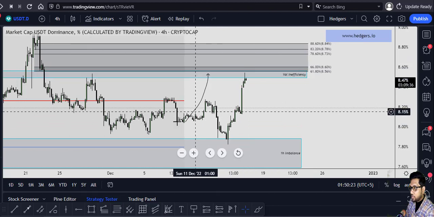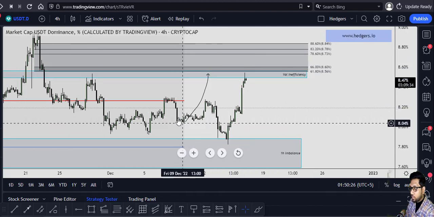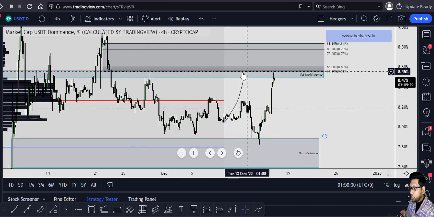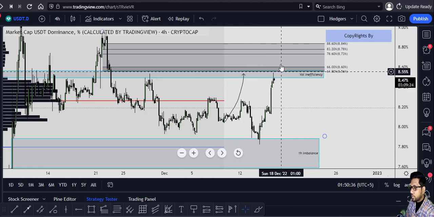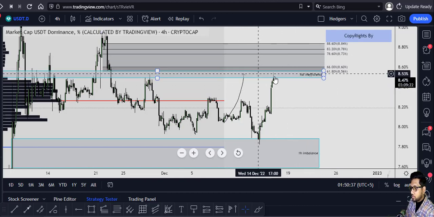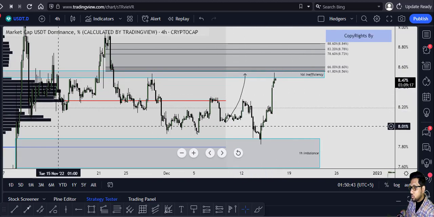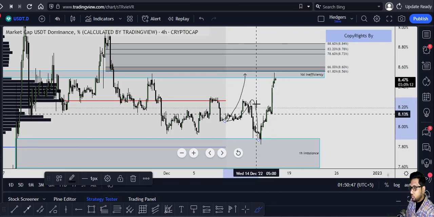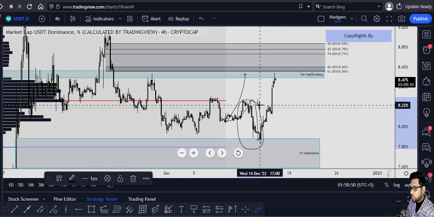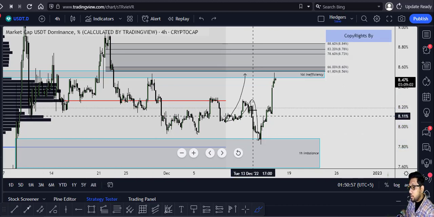As per our analysis previously, we were looking for the retest of this volume inefficiency pocket, and the 0.618 and 0.66 to USDT dominance, but it just went through like this and then downside, which makes Bitcoin pump towards the $18,000 ballpark, 18,200, 18,300.